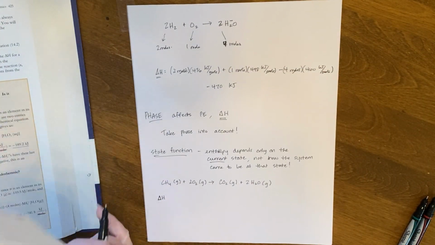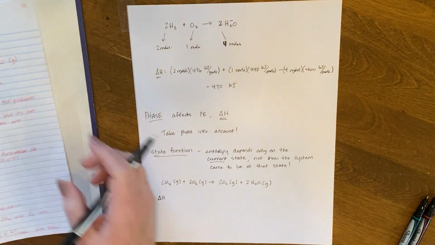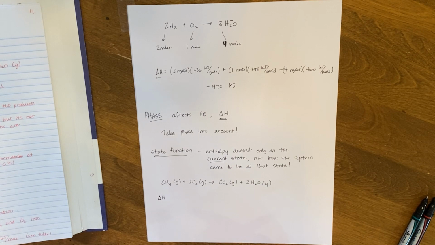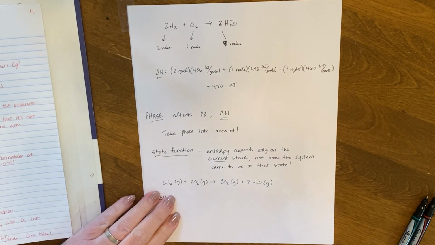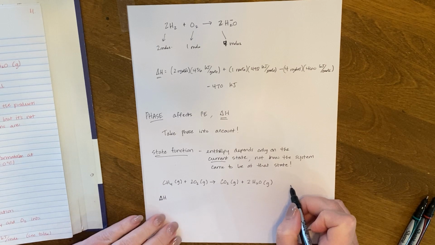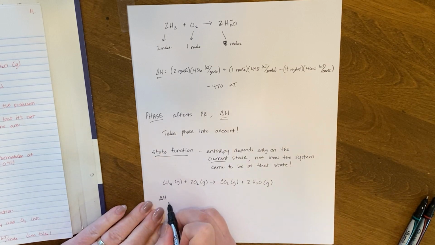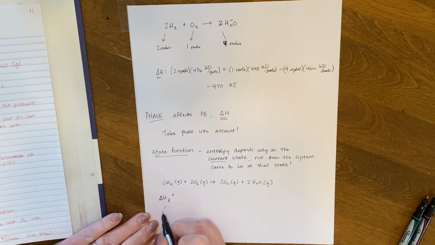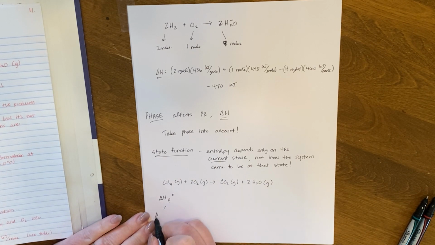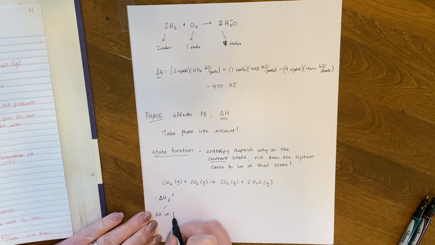So I would have page 424 open. Okay, so let's look at this same equation here. The delta H of formation with this little degree sign, this is delta H of formation.